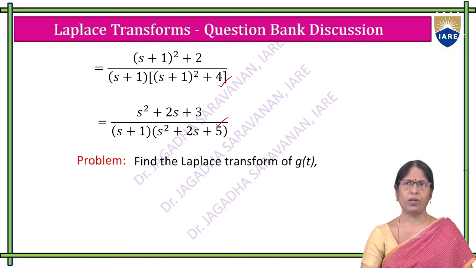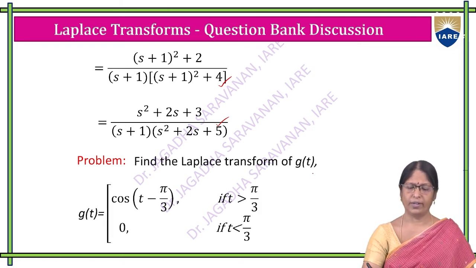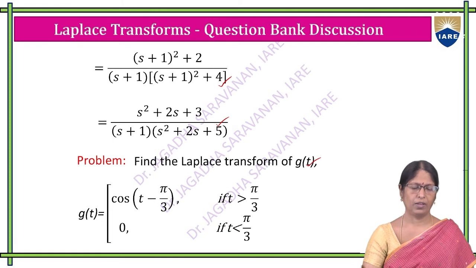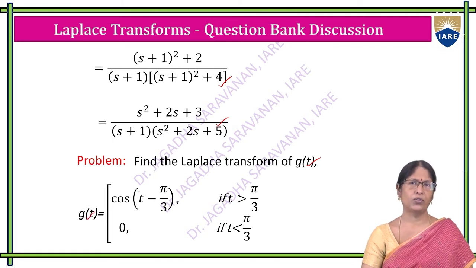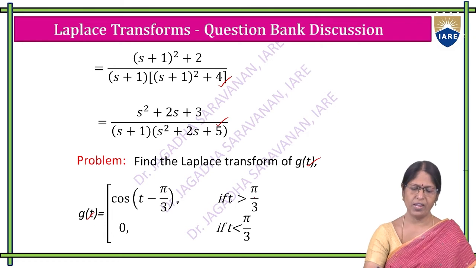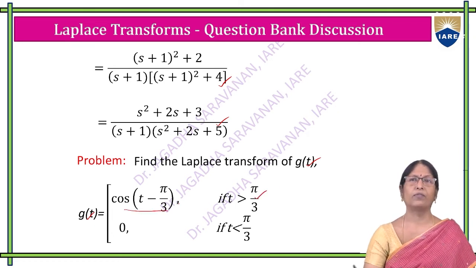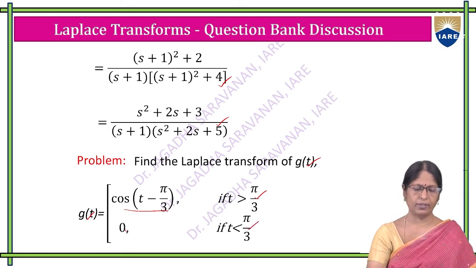The next problem, which is dominating in our question bank, is: find the Laplace transform of g of t. The condition given is that if t is greater than pi by 3, this is the function; if it is less than pi by 3, this is the function.